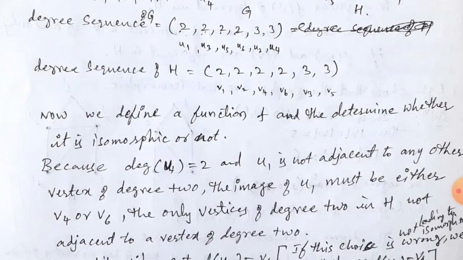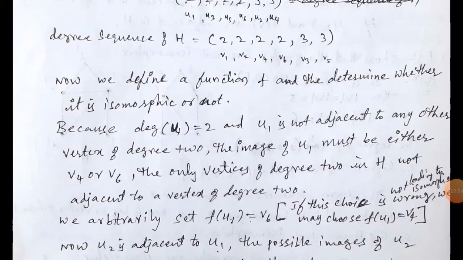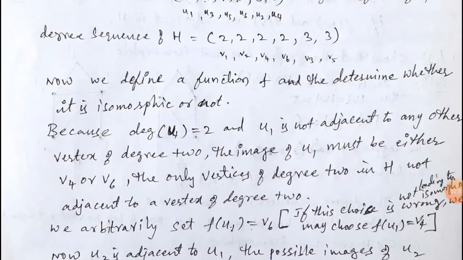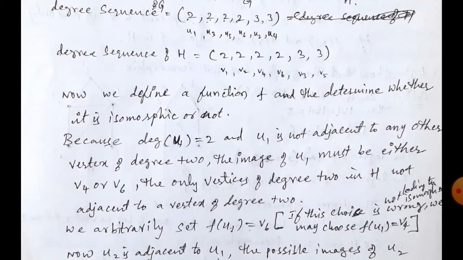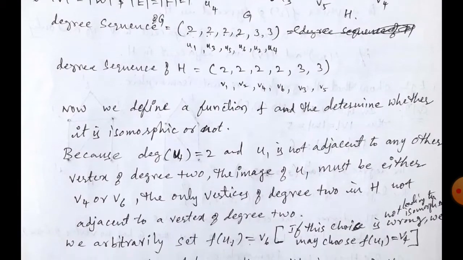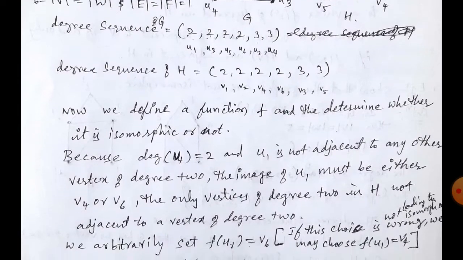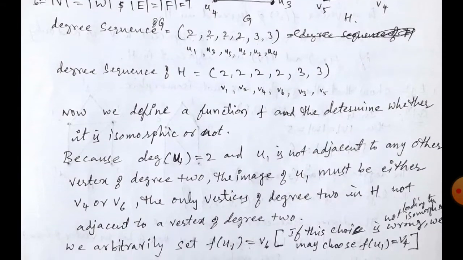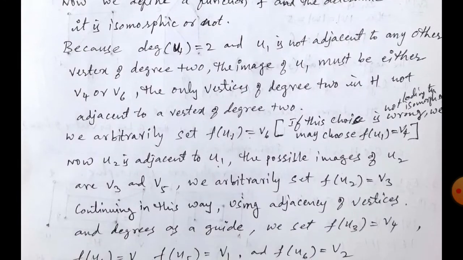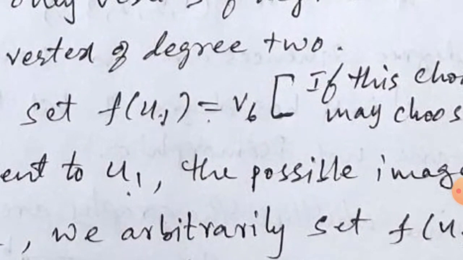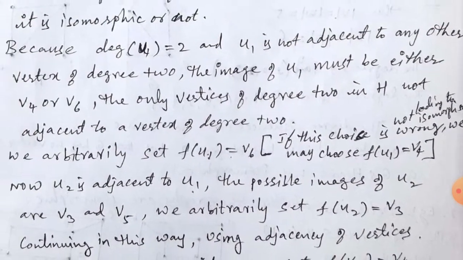Like that we have to proceed. u1 can be matched with either v4 or v6 only. Observe the graph. Those are the only vertices of degree 2 in H not adjacent to a vertex of degree 2. So we arbitrarily choose u1 mapped to v6. Observe here, f of u1 equal to v6 we are matching.